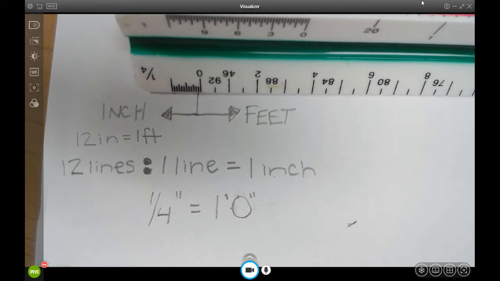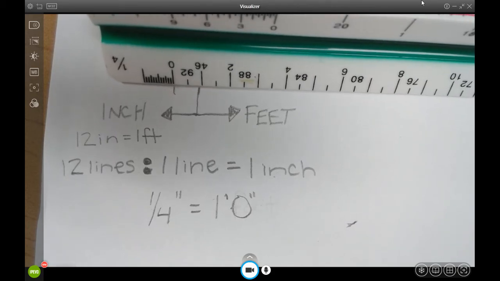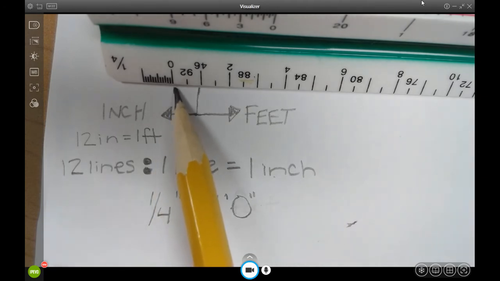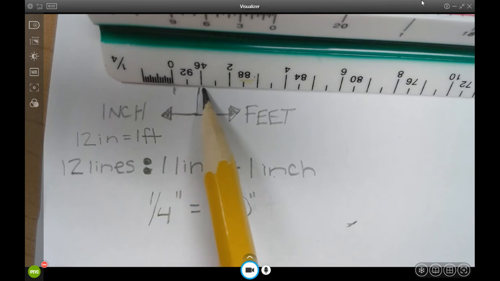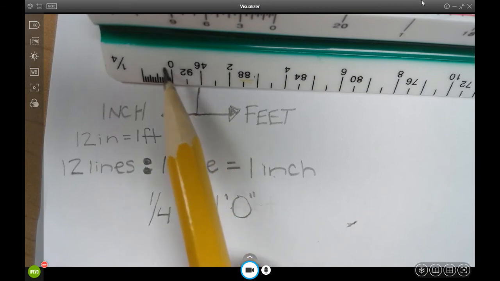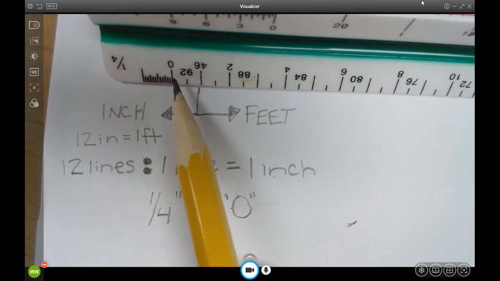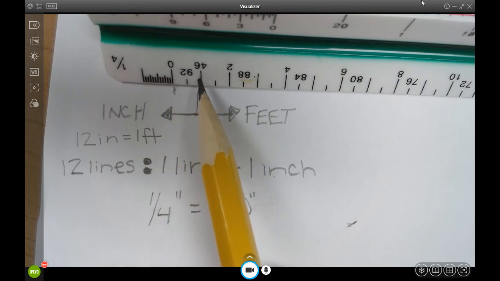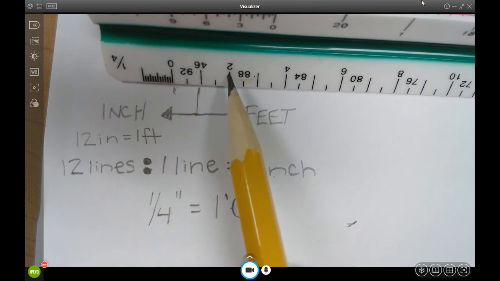So what we can do, if we mark that down, we can move our 0 to the beginning of our inch. Okay, and then we know our mark isn't here at the first line, but it's at the second line, right there. And what that tells us is the same distance to jump 2 lines is the same distance as over here, which is a foot. So that tells us that for every foot that we have, we're going to jump 2 lines.